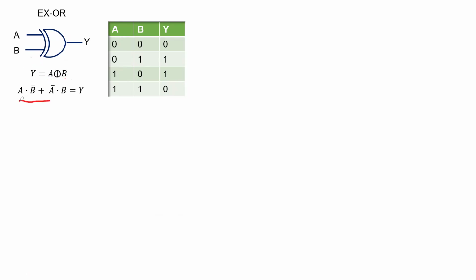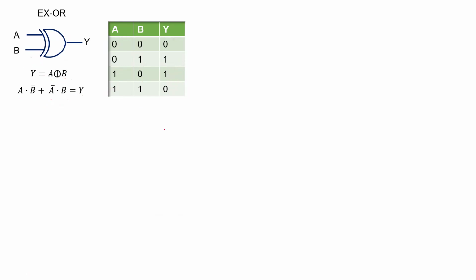So in simplified form, we say A and B bar, or A bar and B, that is equal to Y. So this logic function tells us the output of this logic is 1 if any one of the inputs is logic 1. For other possible combinations, output is always 0.